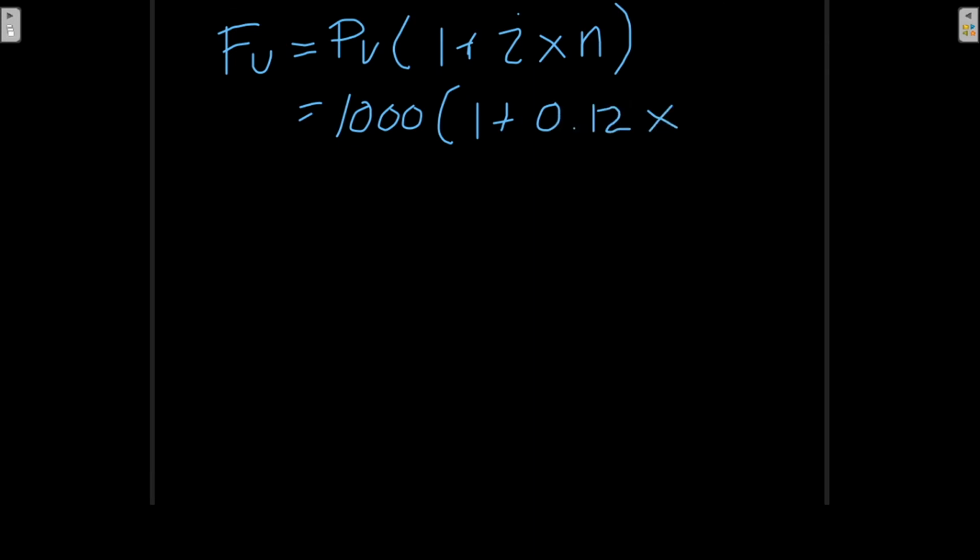And because the interest rate is per annum, my n must also be in terms of years. And we said 18 months is the same as 1.5 years. So that will be 1.5. And then if we do the calculations, we get 1,180.